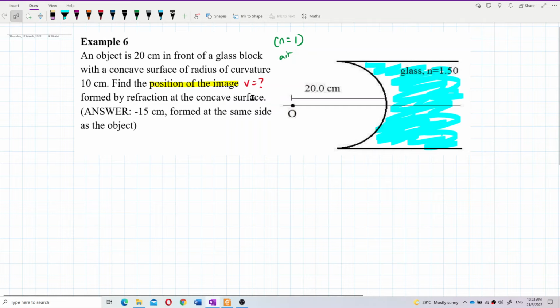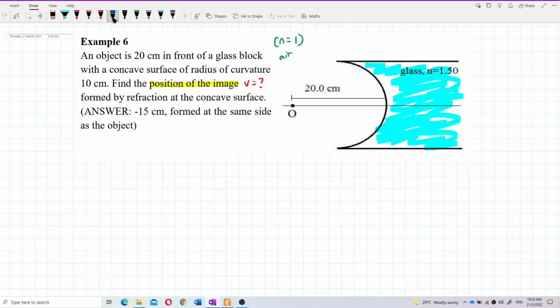Okay, so here he gives you 20 centimeter. This is the object distance, the distance of object from the surface of glass. So this is the object over here. I want to draw it out.